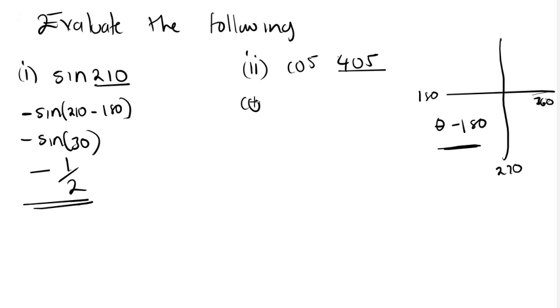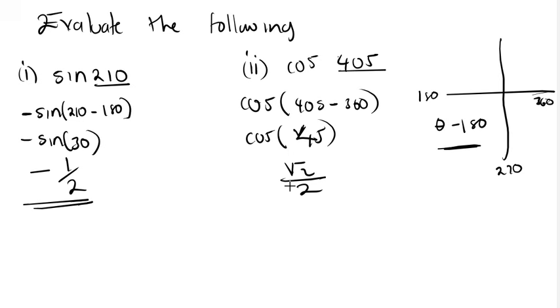So if it's above 360, what do you do? Say 405 minus 360. So you shall find that the answer is what? It is 45. And what is cos 45? Root of 2 over 2. So that is how you answer that kind of questions.